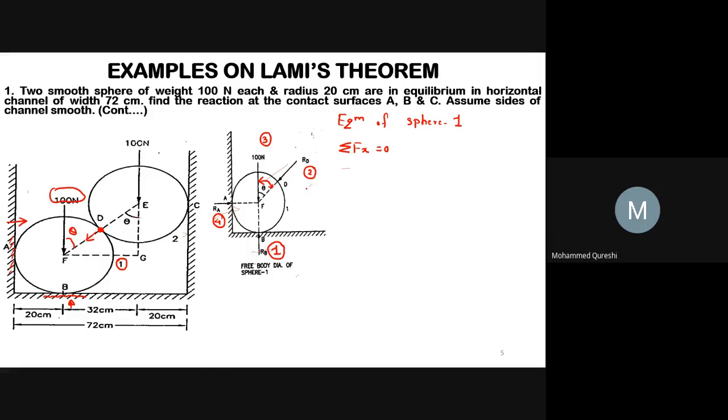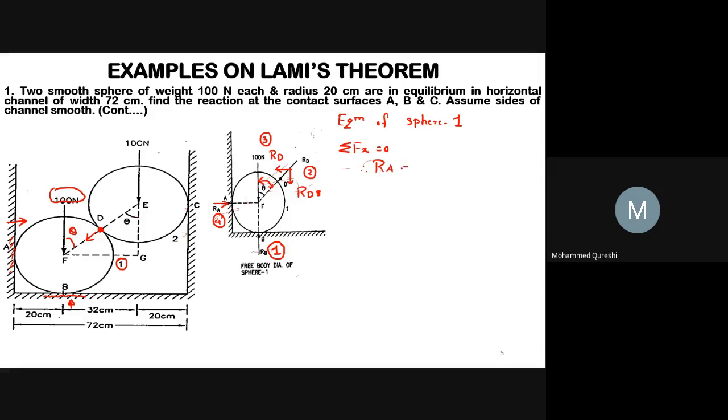Now RD has two components. It is making an angle theta with the vertical axis. Therefore, summation of Fx equals, this is your first horizontal force RA.